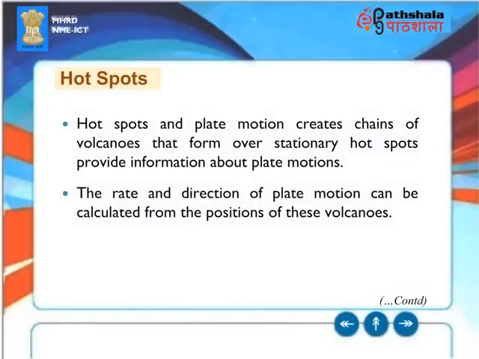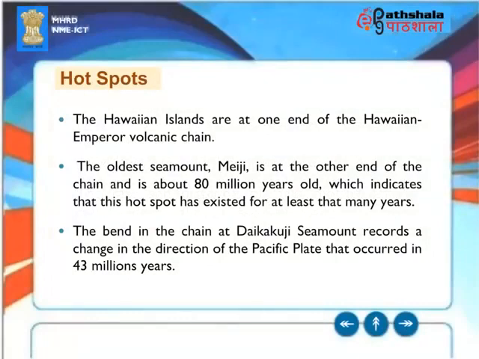Hotspots and plate motion. Chains of volcanoes that form over stationary hotspots provide information about plate motions. The rate and direction of plate motion can be calculated from the positions of these volcanoes. The Hawaiian Islands are at one end of the Hawaiian-Emperor volcanic chain.